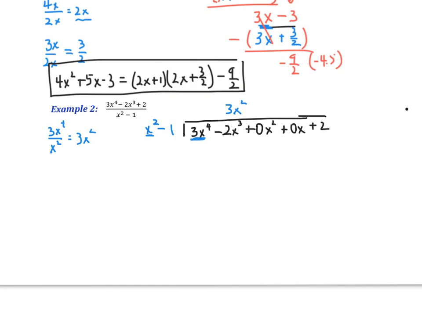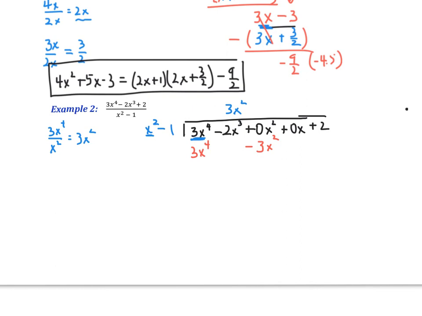All right, remember I'm going to multiply this through by these two terms. Okay, and that's going to give me a 3x to the 4th. And then 3x squared times a -1, I'm going to write all the way over here as a -3x squared. The reason I'm going to do that is I want to line up my like terms.